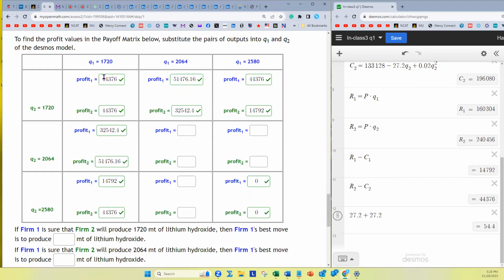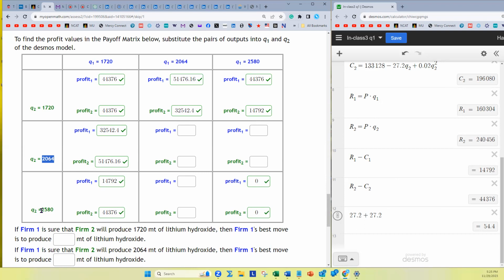Right, so what this says is that if firm two believes firm one will stay at the cartel agreement, low output, firm two's best response is medium output because its profit will rise from this cartel profit to 51,476 and 16 cents.